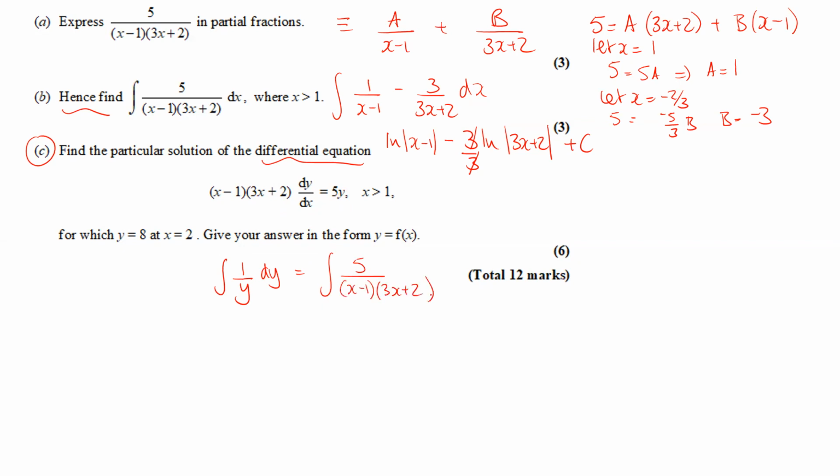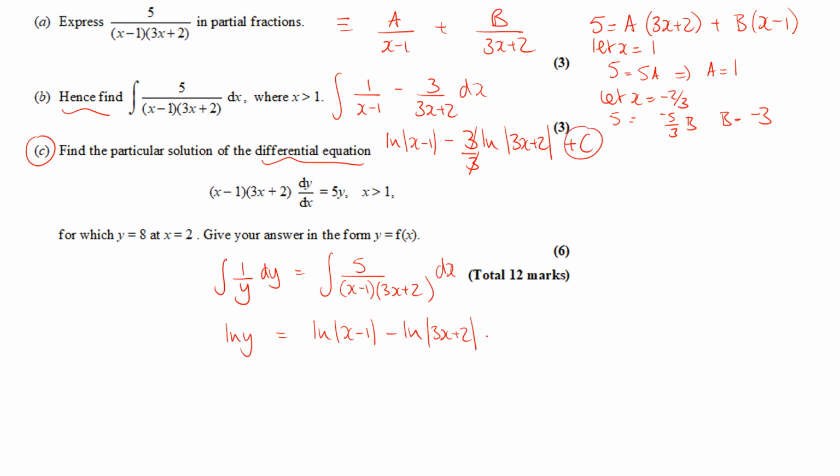That is going to be something that we have just integrated and got all that. So integrating on the left, the ln of y is equal to, we've just worked out that integral. It was the ln of x minus 1 minus the ln of 3x plus 2 plus c. And what can I do with that c? That c is just a constant.